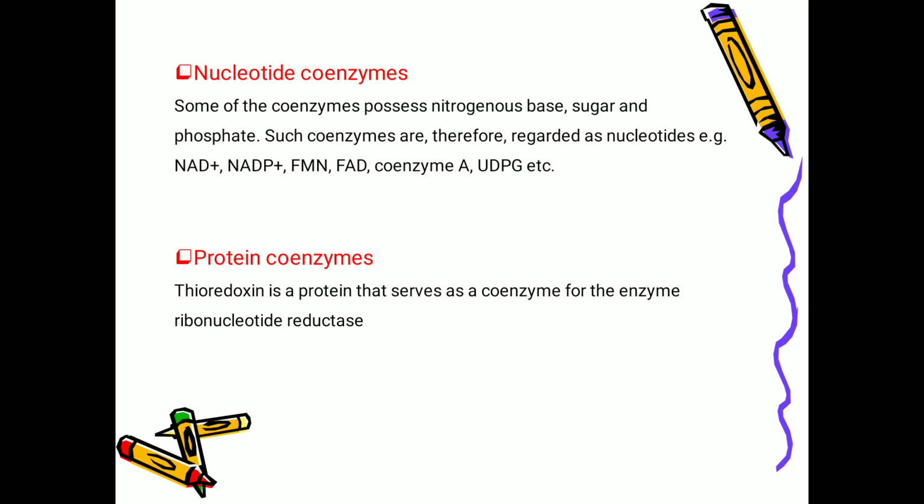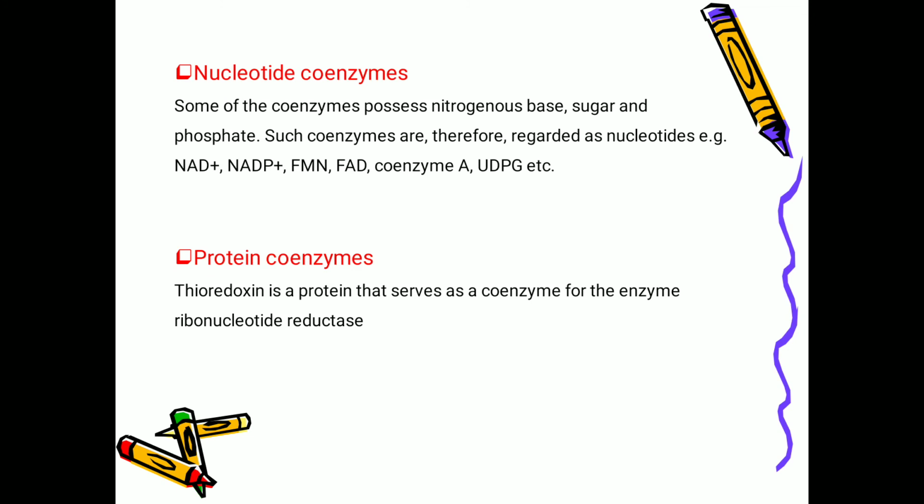These NAD, NADP, FMN and FAD are B complex vitamin coenzymes, but they consist of a nucleotide. A nucleotide consists of a phosphate group, a nitrogen base and a sugar. In these molecules, these three are there. That's why they are also called nucleotide coenzymes.